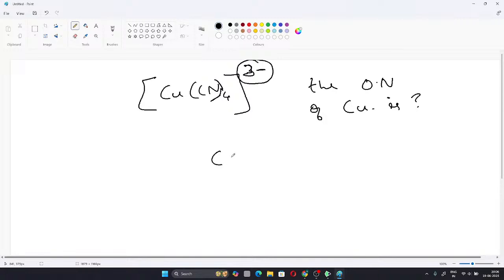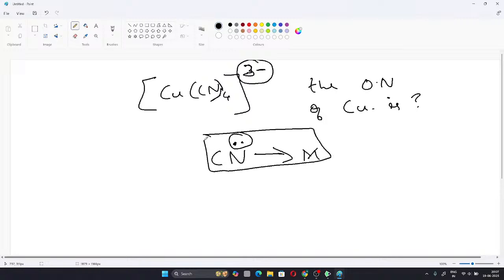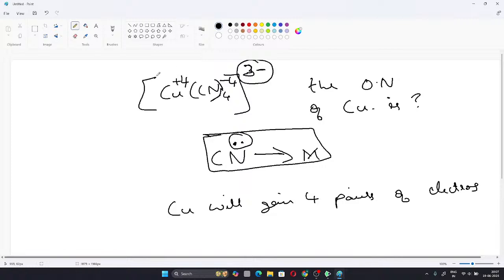CN, how should we know if it is unidentate or bidentate? In CN, we see that it is unidentate because carbon is the one forming a coordinate bond with the metal. It is unidentate, so we can count that the copper will gain 4 pairs of electrons. So when CN4 has a collective -4 charge, copper will have a collective +4 charge.